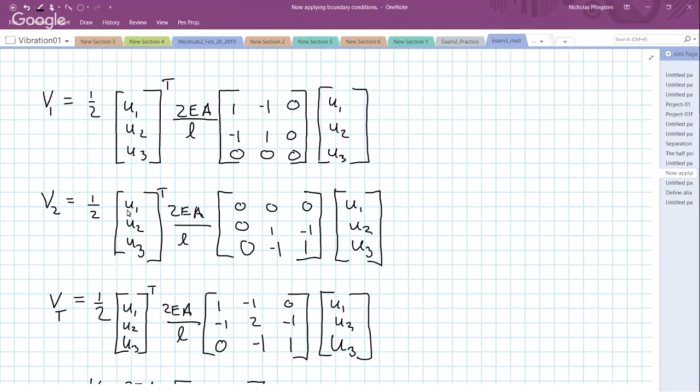We're going to do that for element 2 as well, but for element 2 there are different subscripts.